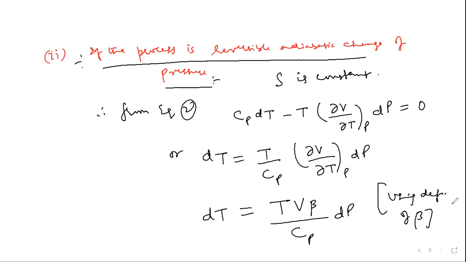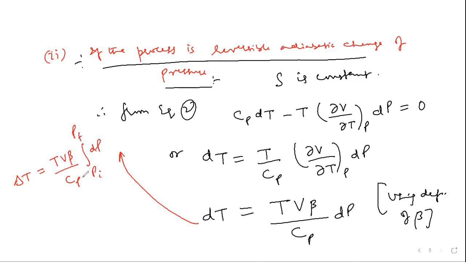And also Cp hardly changes. Therefore, to find the total change in temperature during the process, we integrate this and take V, beta and Cp outside the integral. Let me write it: V beta T over Cp integral dP from Pi to Pf.